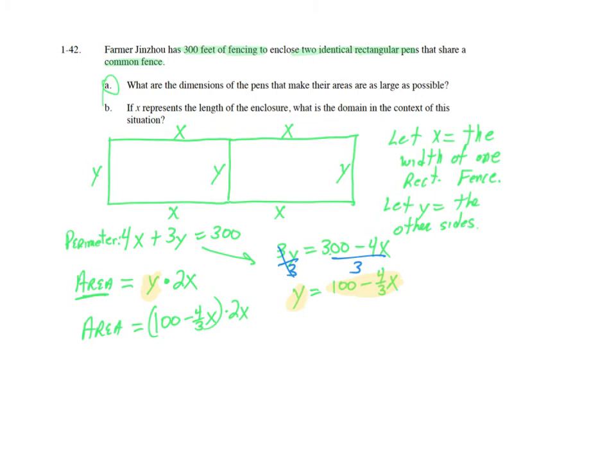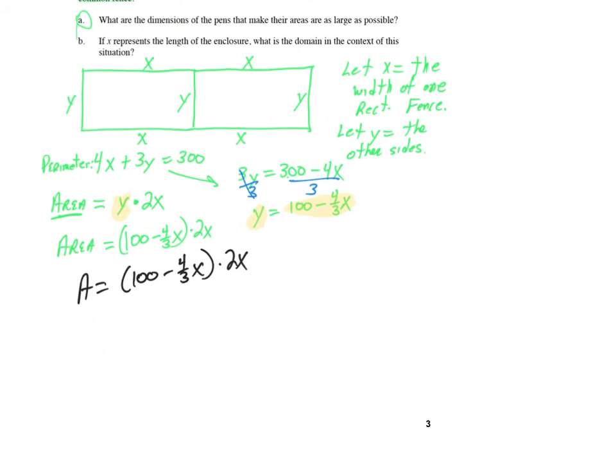We're going to say that we've got this parabola, A equaling 100 minus 4/3 x times 2x. And that sketch, here's x, here's our area, is going to look something like this, where our x-intercepts occur when the area is equal to 0.